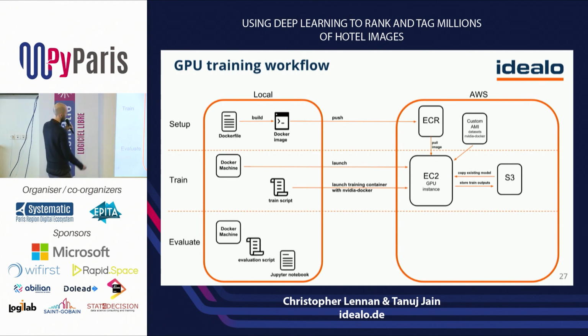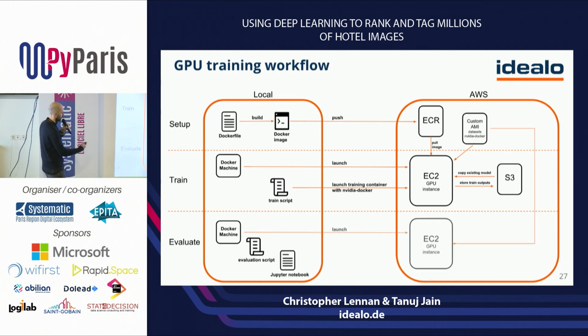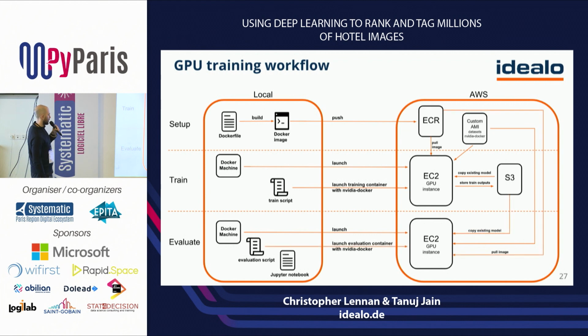For the evaluation phase, it's a similar story. We launch a GPU instance with Docker Machine, and we launch an evaluation container then. We then hook up this GPU instance with a Jupyter notebook most of the time. And then we have some visualizations to look at how the model performs. That's the setup that we're running.